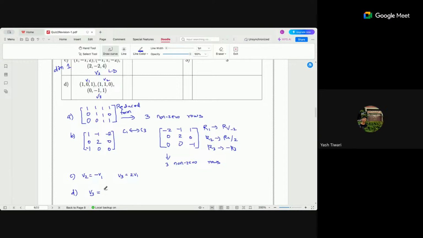V3 equals V1 minus V2. So you see that the third vector is a linear combination of the other two. So is it linearly dependent or independent? Dependent. So what is the dimension in this case? 2. You have two linearly independent vectors. V1 and V2 are not multiples of each other, so the dimension is 2.